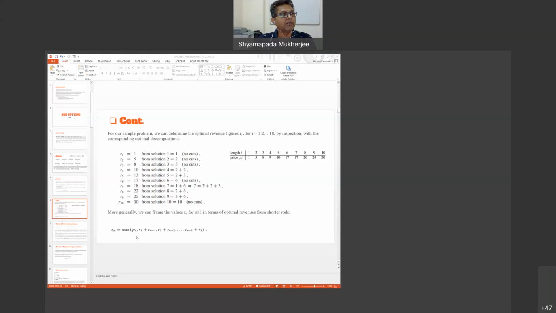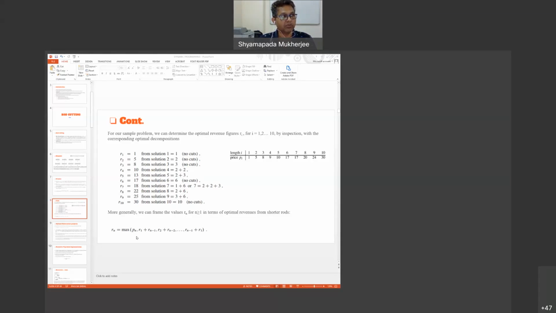And then if we want to cut the rod into pieces, initially we cut the rod into 2 pieces. The revenue of the first piece may be R1, that means the length of the first piece is 1 and the length of the second piece is n minus 1. So we want to find out the optimal revenue for n minus 1.